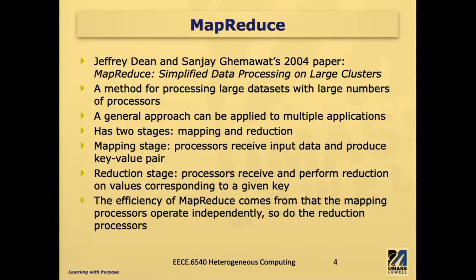And the second stage is the so-called reduction stage. Processors receive and perform reduction on values corresponding to a given key. So the reduction stage could also have a large number of computers or processors. But these processors will receive the key-value pairs from the first stage, the mapping stage. And in the reduction stage, these processors will perform reduction on values.